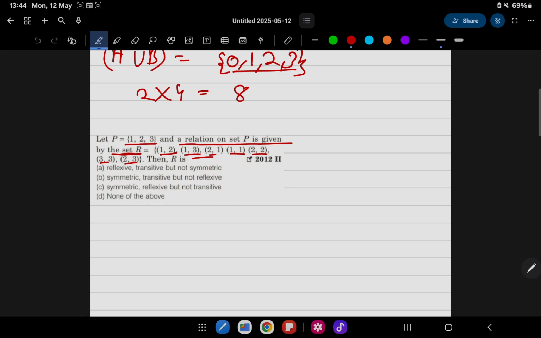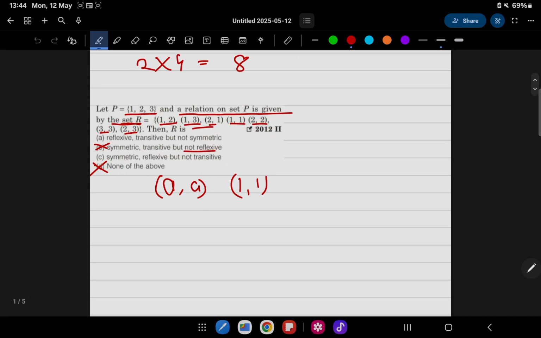So the condition of reflexive relation is a, a element of A, so here 1, 1 is present, so it is a reflexive relation. So none of the above is not our answer, and not reflexive is not our answer.